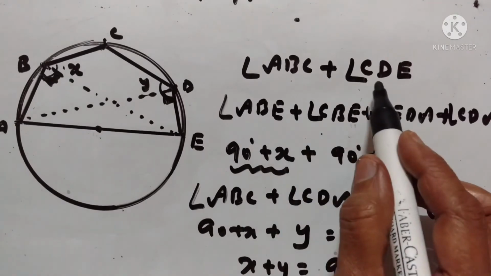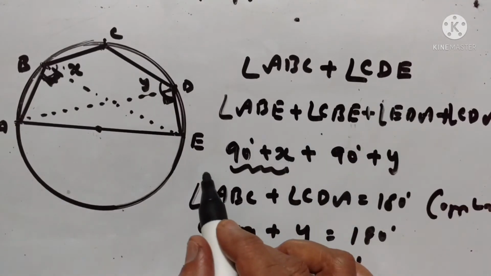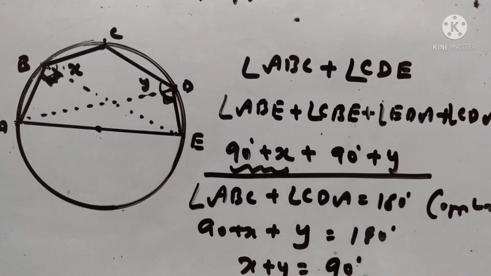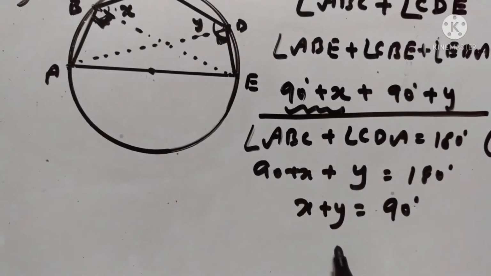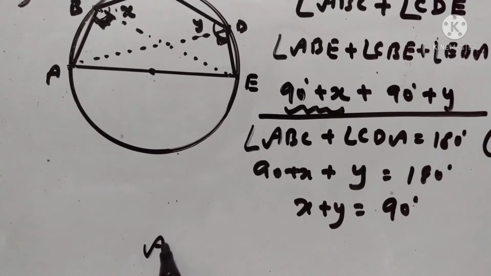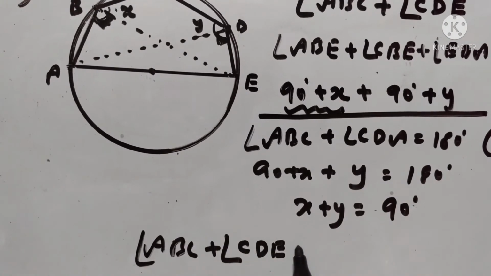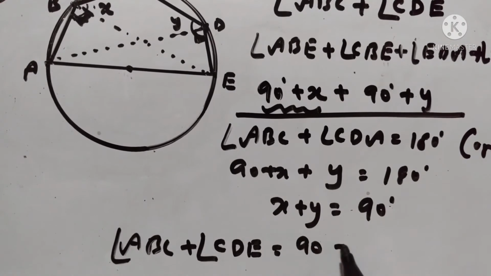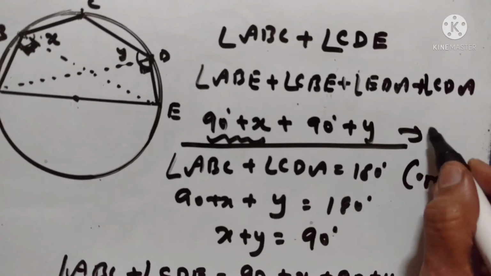Now angle ABC plus angle CDE is equal to what? 90 plus X plus 90 plus Y. So angle ABC plus angle CDE is equal to 90 plus X plus 90 plus Y. Let this be 1.